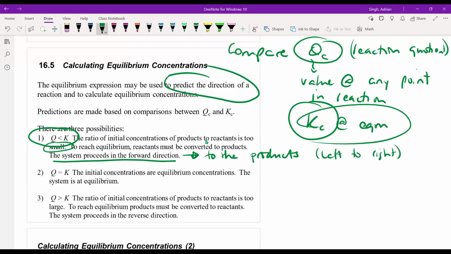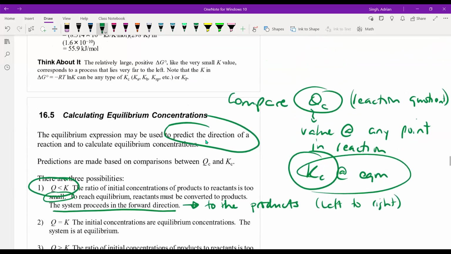Okay, so what this essentially is saying is if Q is less than K, that means the reaction quotient Qc has a smaller value than K. In order to get to K to establish equilibrium, we have to go from left to right to make the concentration of the products greater than what they are at point Qc. Now remember, that expression is the products raised to a particular power, which is the coefficient, divided by the reactants raised to their coefficient as well.